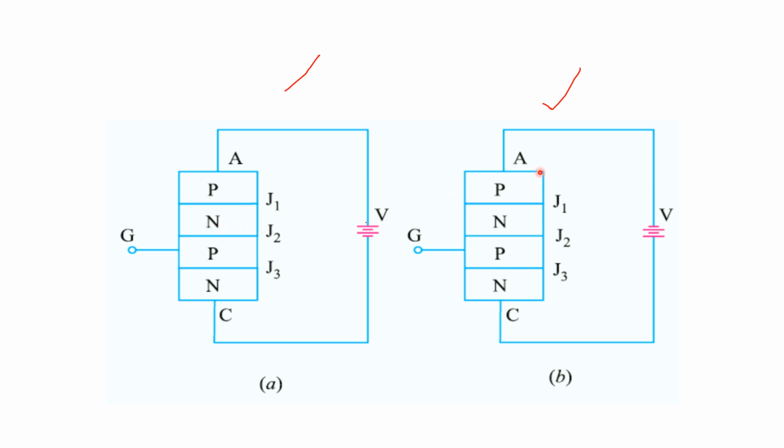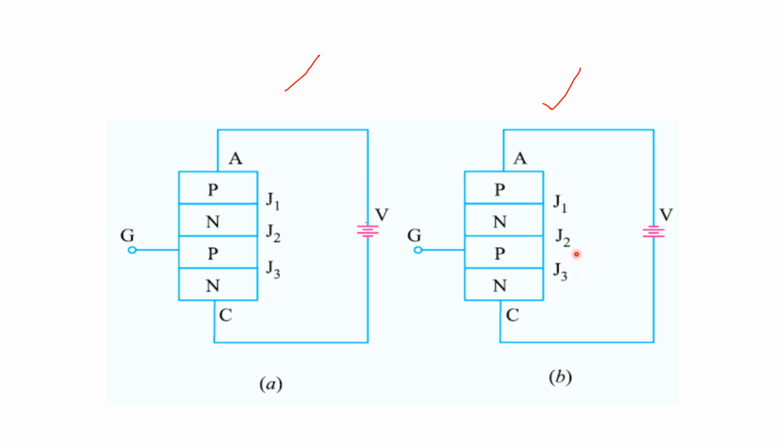In the second case, when the anode is connected to the negative terminal of the battery and the cathode to the positive terminal, junctions J1 and J3 will be reverse biased.